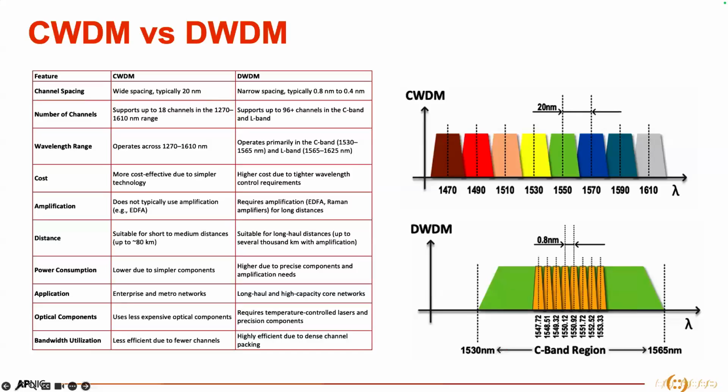If the lambdas are changing shapes, that means the gap is changing as well. That means they are overlapping each other, and the communication is distorted. That is why temperature is very sensitive, especially for DWDM.